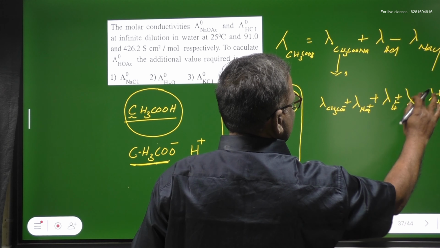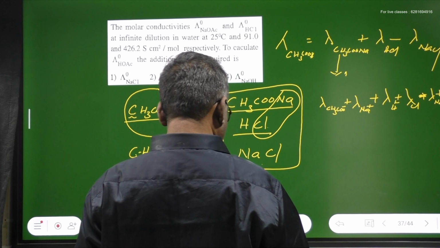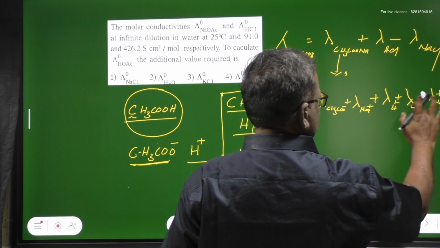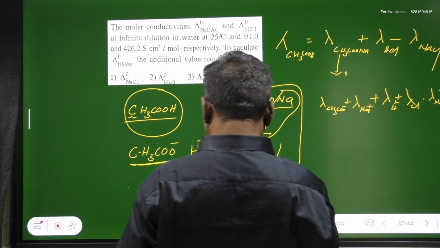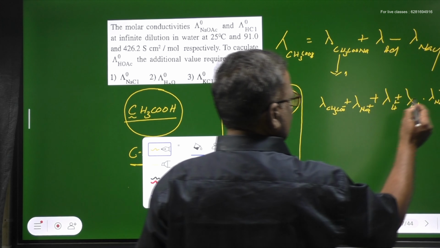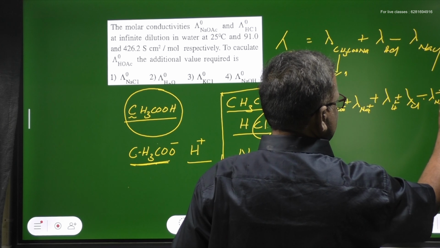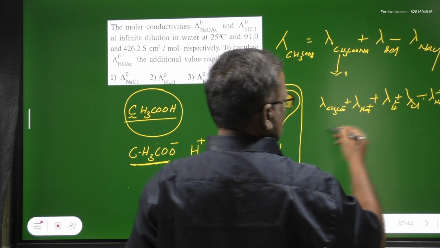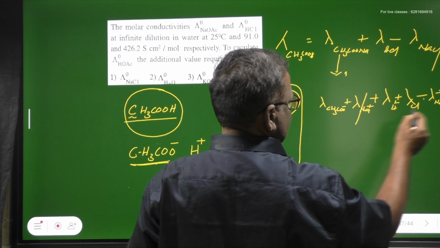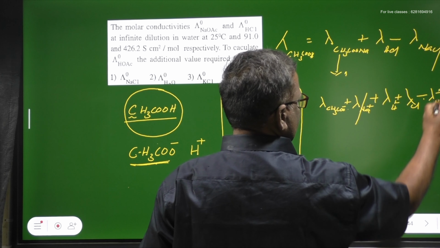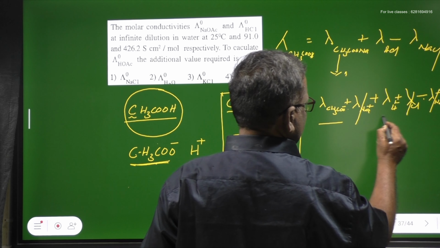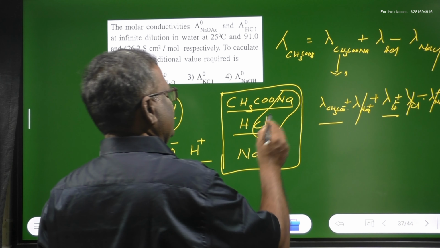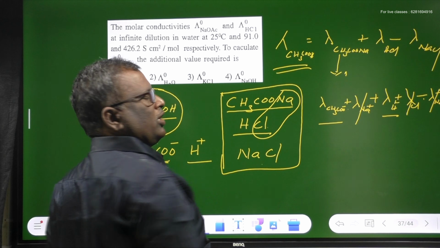So these two are subtracted: Na plus and Cl minus cancel. The remaining ions are this one and this one, so that you will get the limiting molar conductivity of CH3COOH.